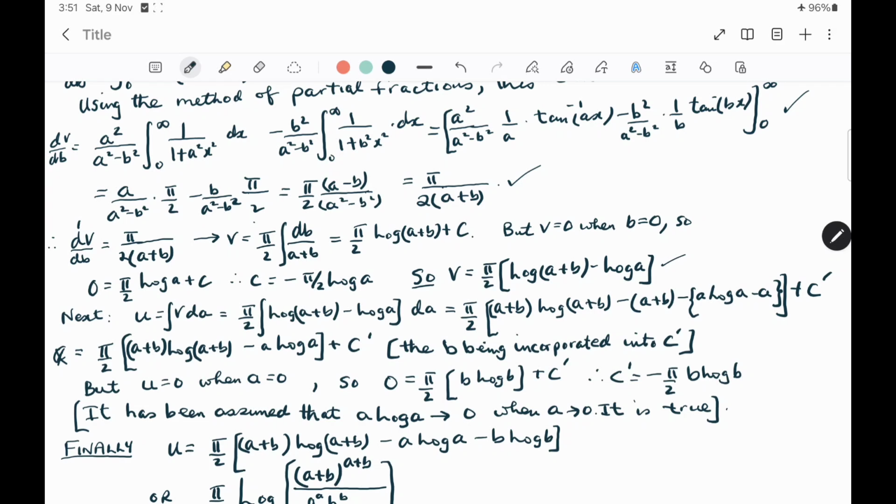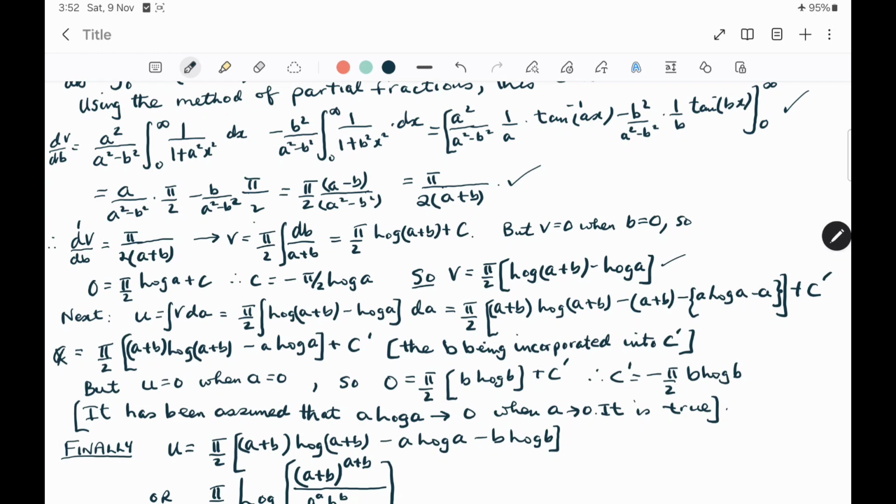The b being incorporated into the constant c dash, as it's a constant. But you see, u is 0 when a is 0, so plugging that in, we get 0 equals pi upon 2 b log b plus c dash, and therefore c dash is minus pi upon 2 b log b.